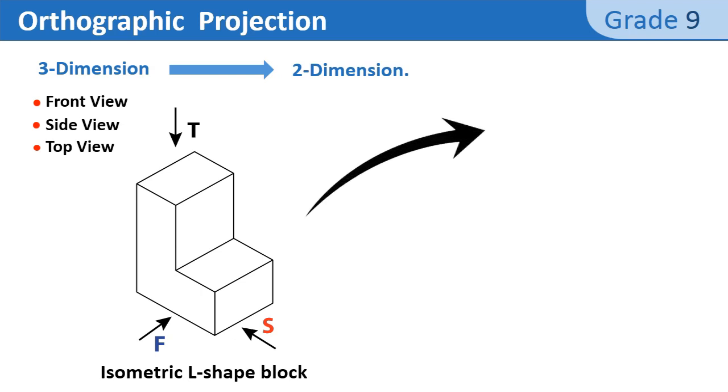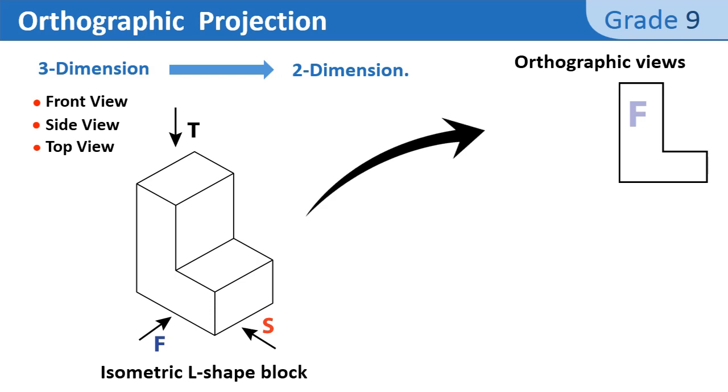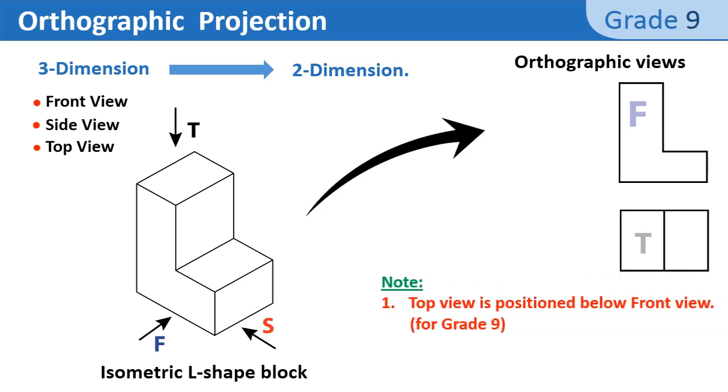We will now draw the views. We start with the front view first, and then the top view. Note that for grade 9, the top view will always be below the front view. I repeat, the top view will always be below the front view.